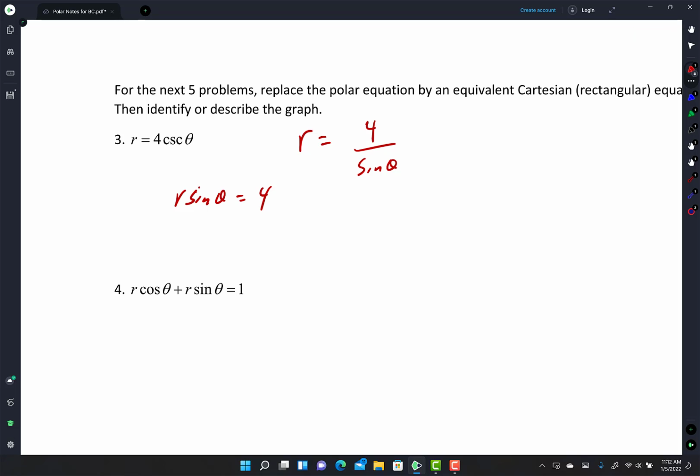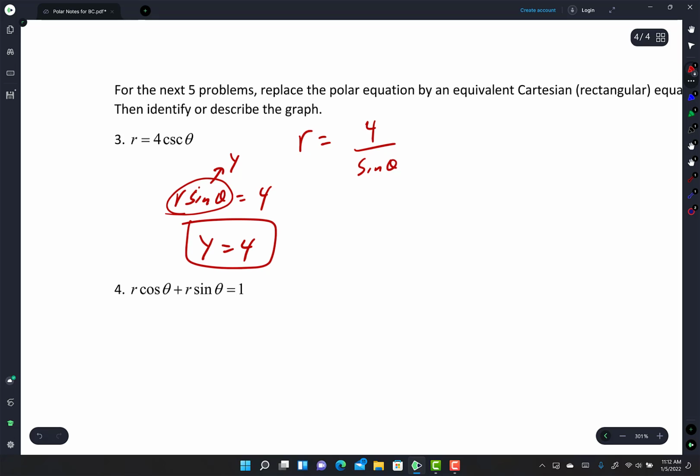And then I see that r sine theta is equal to y. So there it is. If you were to put this in your calculator, it would just draw a horizontal line. y equals 4. There it is. Very cool. What do you think?